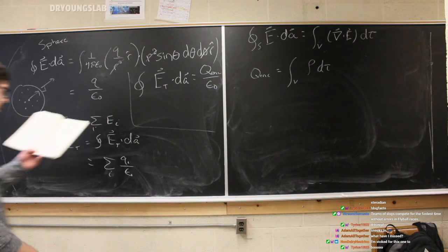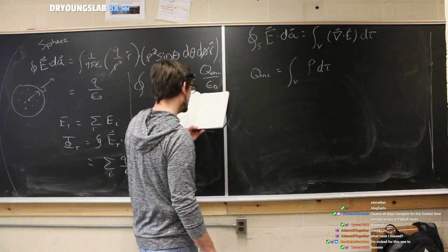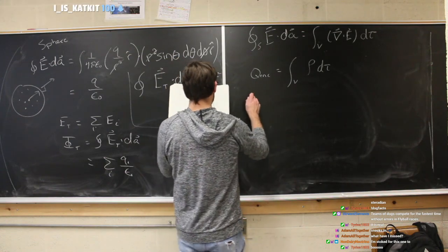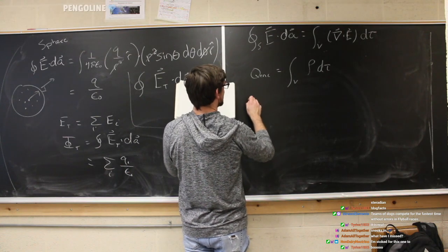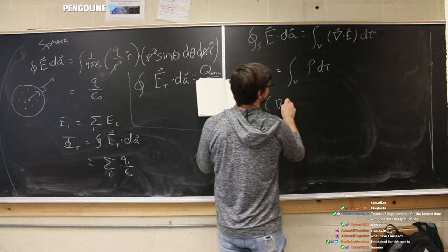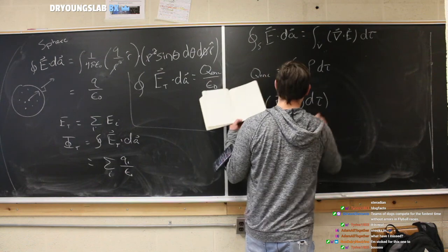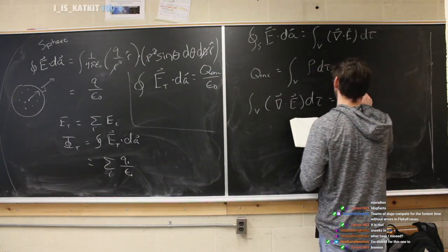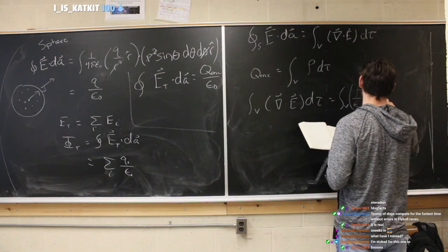Okay, so now let's do a little trickery here. We can basically rewrite this as, let me see if I can do it on the fly. The volume integral of the divergence of the E field, d tau, is equal to the volume integral of rho over epsilon naught times d tau.